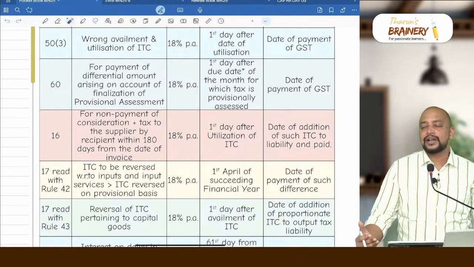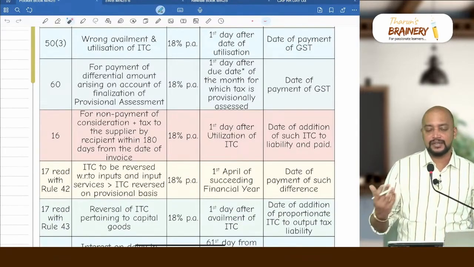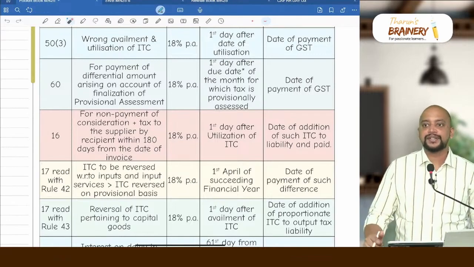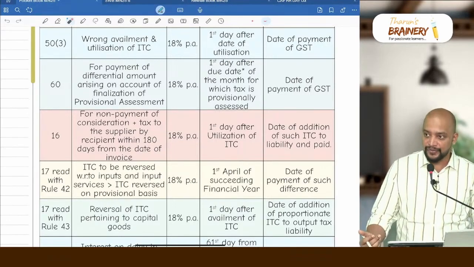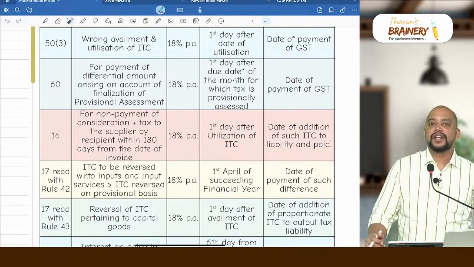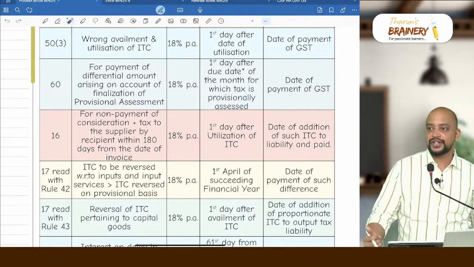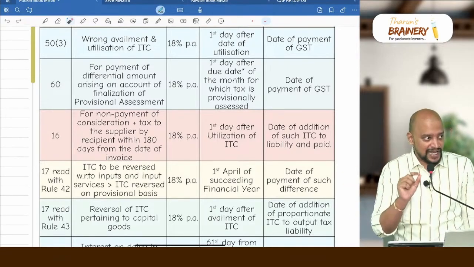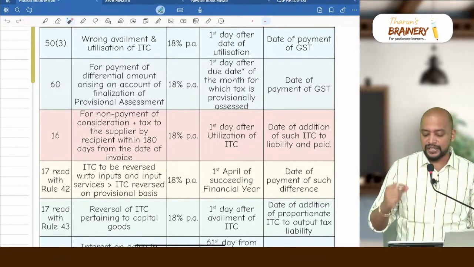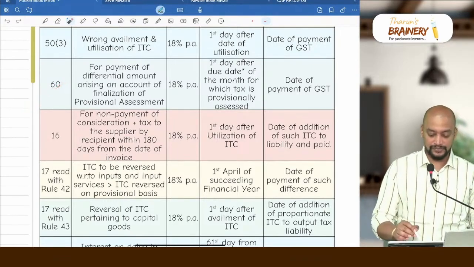Just like in customs, whenever a registered person is unable to compute their tax liability, they can make an application for provisional assessment and the officer will compute how much tax the person needs to pay. That is called provisional assessment, and upon finalization of assessment the differential tax will be payable. While paying that differential tax we have to pay interest.